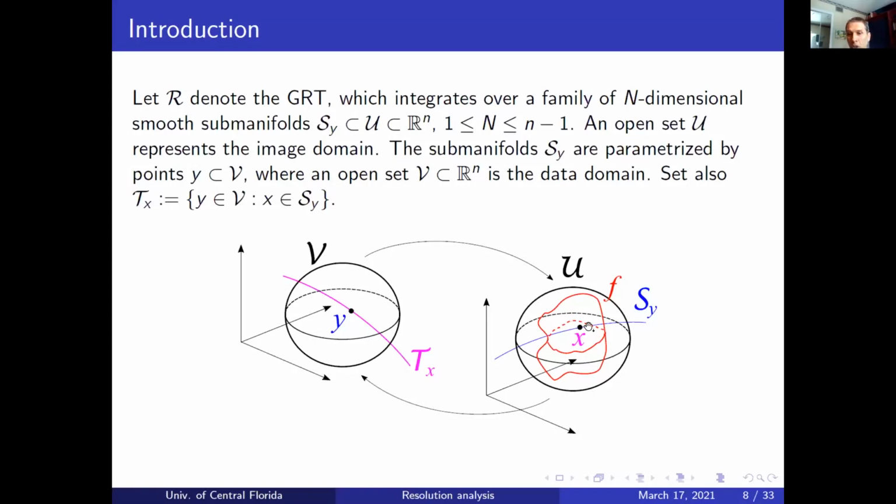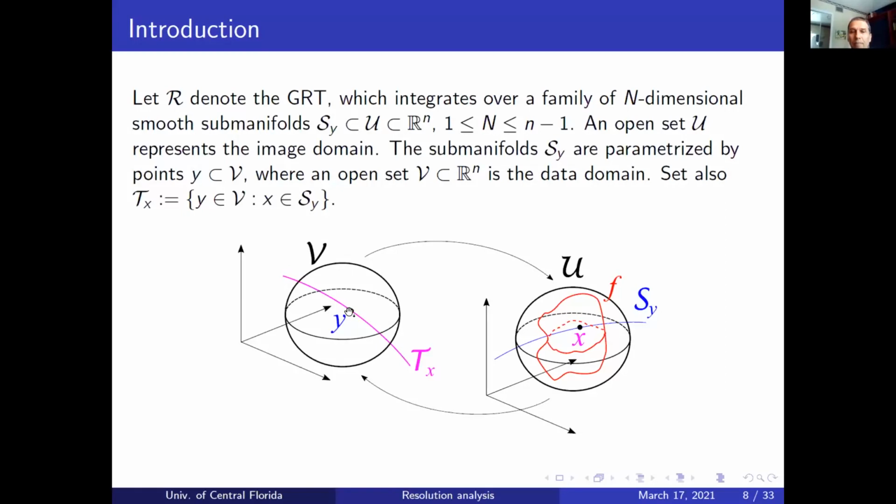It contains the support of our function f. The integration submanifolds S_y are parameterized by points y. The points y range over an open set capital V, which is in another copy of R^n, and we think about V as the data domain.